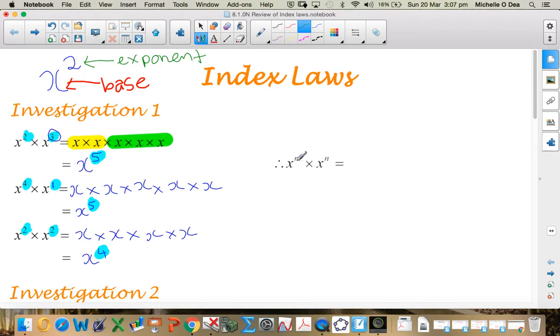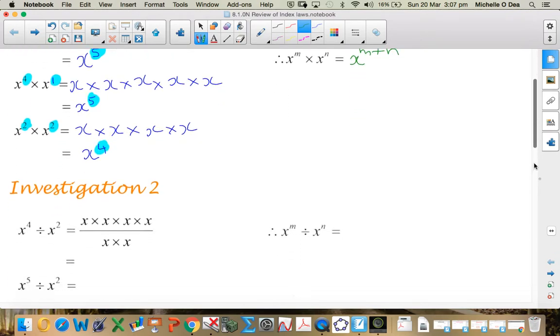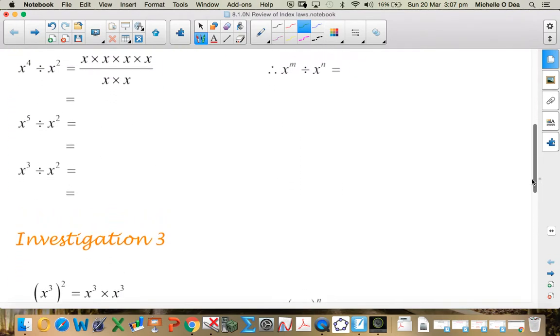So in general, if we have x to the power of m times x to the power of n, we can just add those powers. No matter what m and n are, they can be any numbers we like. And that's the quick way, that you should have seen at some stage during your mathematical career.